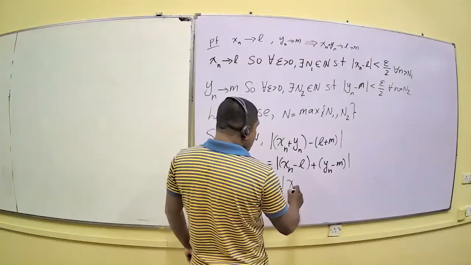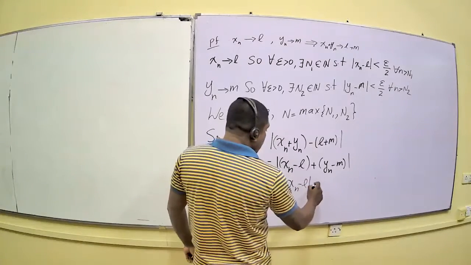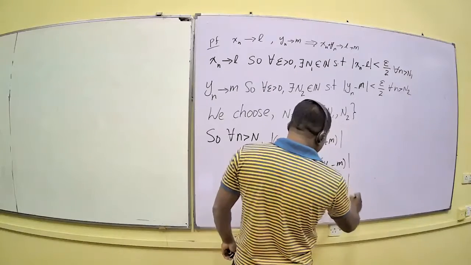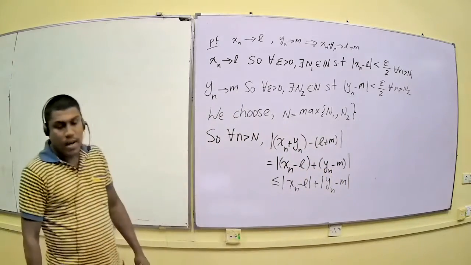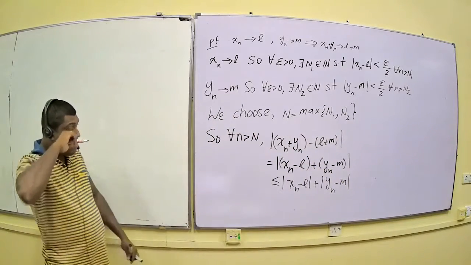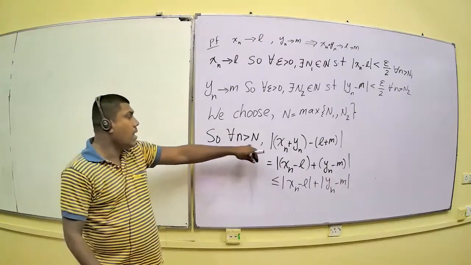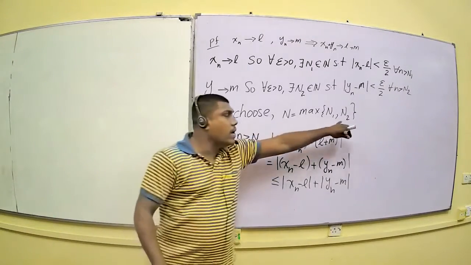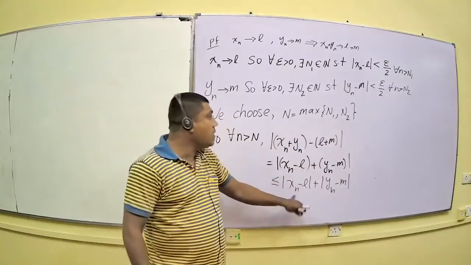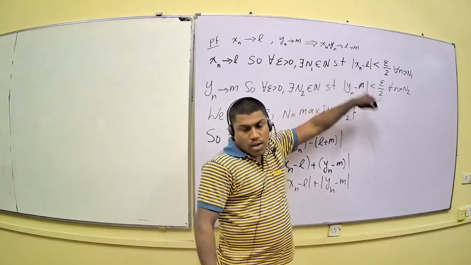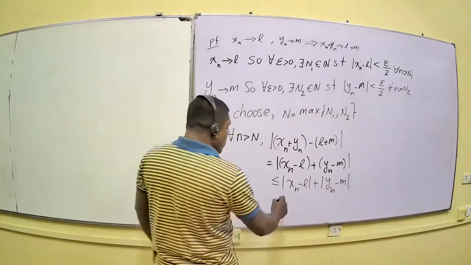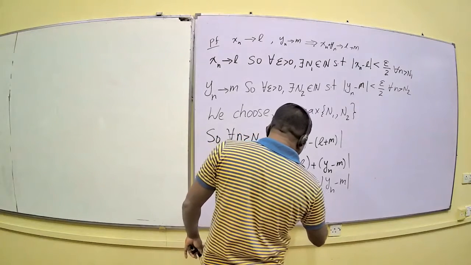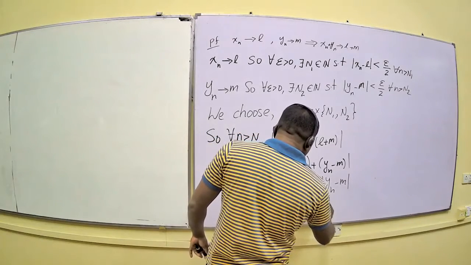So the absolute value is less than or equal to |xn minus L| plus |yn minus M|. That is because of the triangle inequality. But because n is greater than N, n is greater than n1 and n is greater than n2. So this one is less than epsilon over 2, and the other one is also less than epsilon over 2. So both of them together are less than epsilon over 2 plus epsilon over 2, which is epsilon.